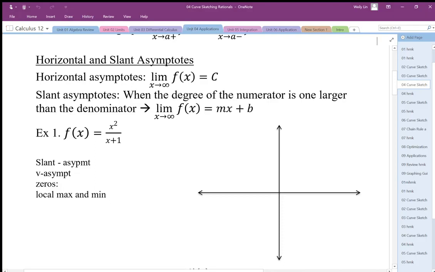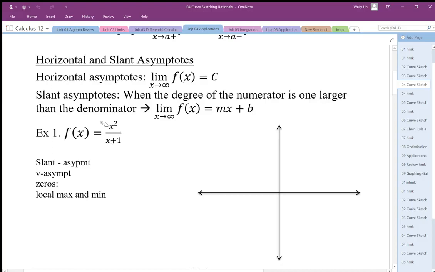So they're endpoint behavior. We're only going to look at the slant asymptotes, like linear asymptotes, mx plus b, but in fairness, we can have quadratic asymptotes, cubic asymptotes. We can have any degree of asymptote depending on how much bigger the numerator is compared to the denominator.